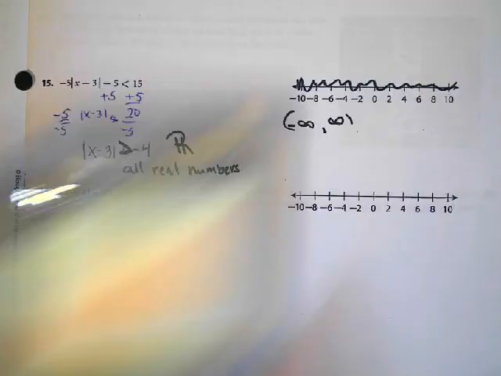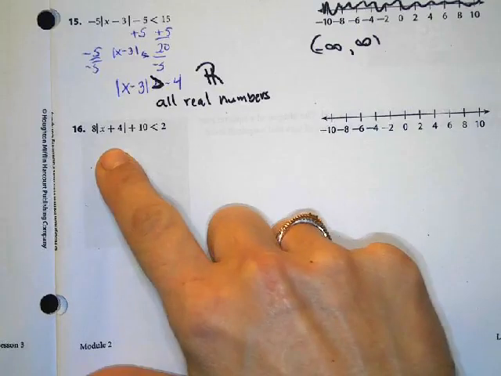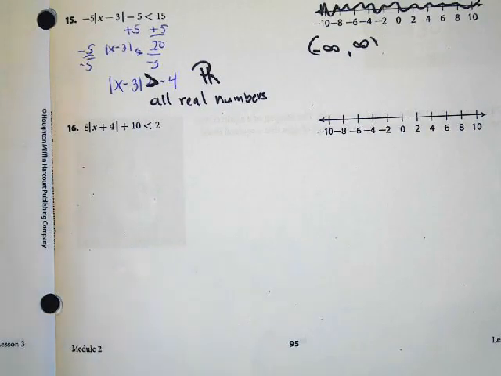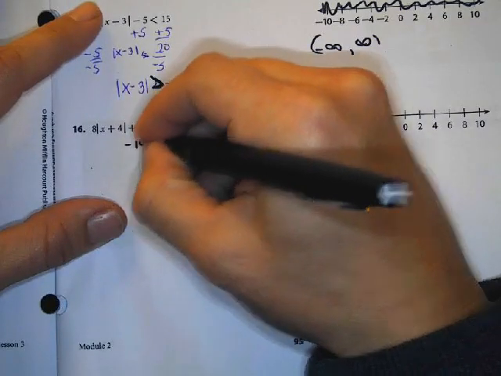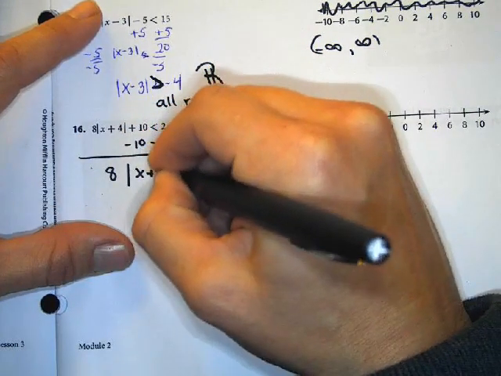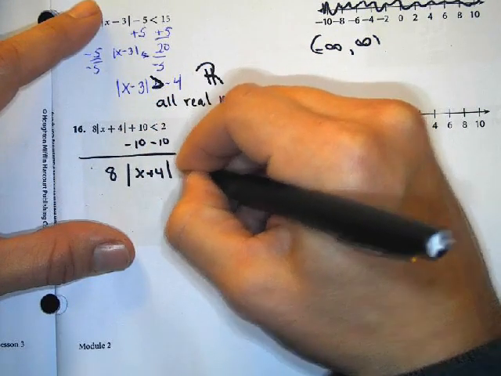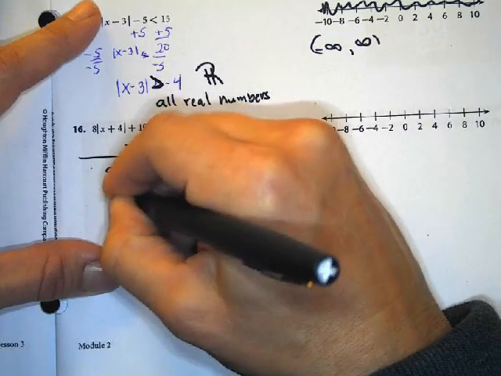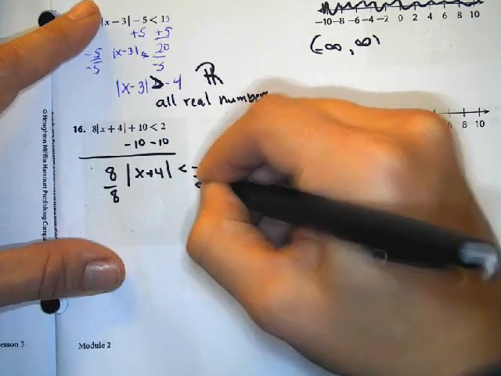So now let's take a peek at number 16. Because 16 would be the other one. Jada, did you get no solution on this one? Yeah. Okay. So she subtracted 10, divided by 8, right? She got a negative, so she wrote no solution.